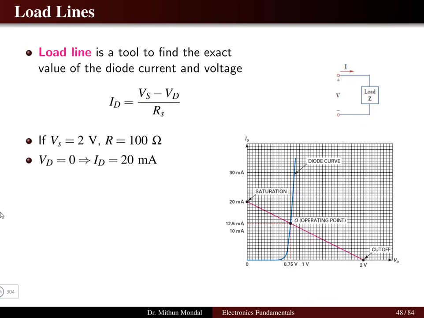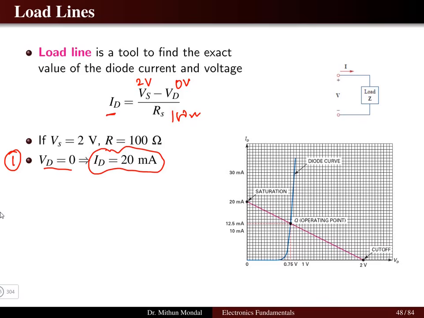then we can have two different cases. In case 1, if we set the diode voltage as 0 volt, the resistance is 100 ohm and the Vs value is 2 volt, what will be the diode current? The diode current will be 20 milliampere.